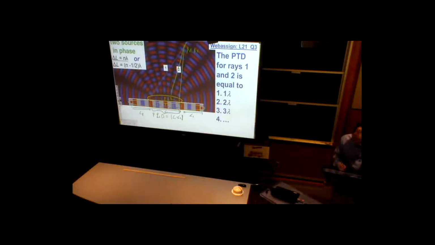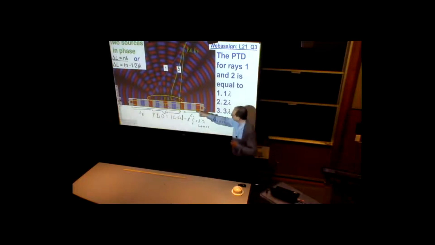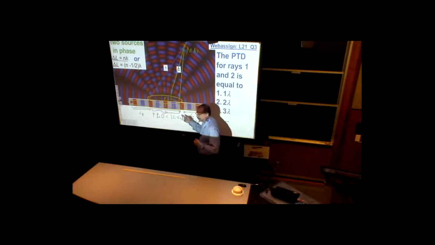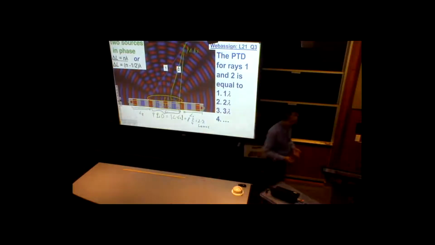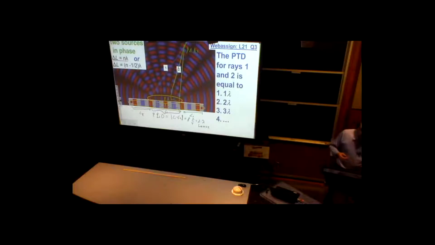So it should be equal to 8 quarters, which gives again 2. So n equals 2. But if we just know how to point a finger and count first, second, third, we don't have to do this calculation every time. Any questions?